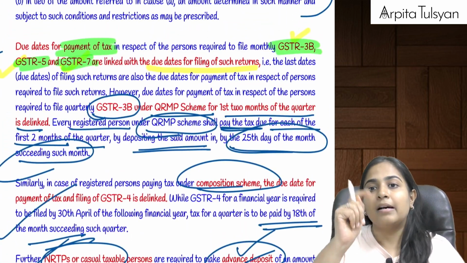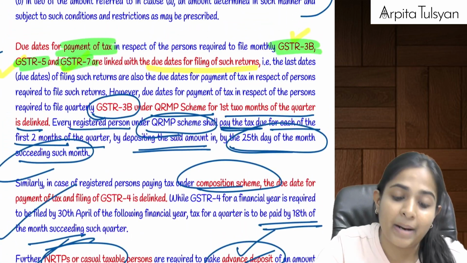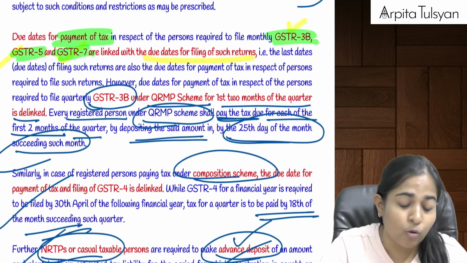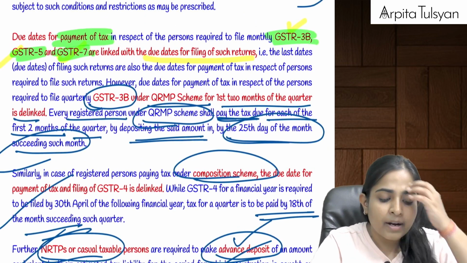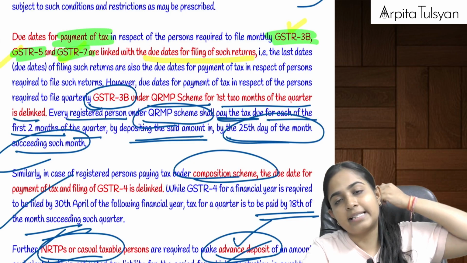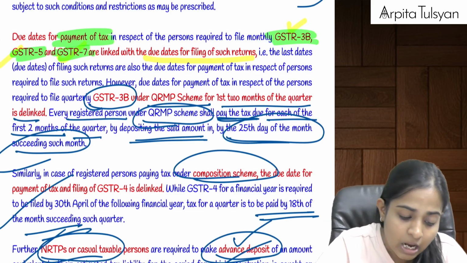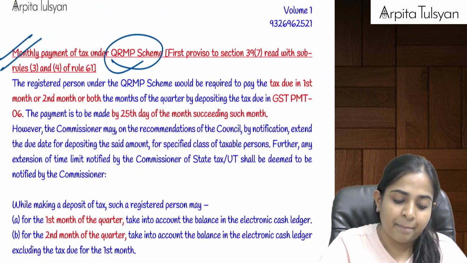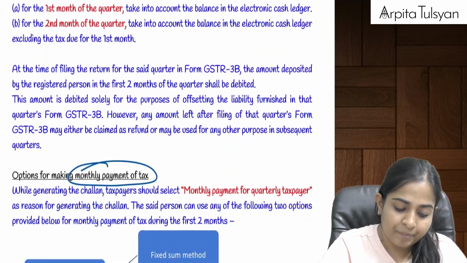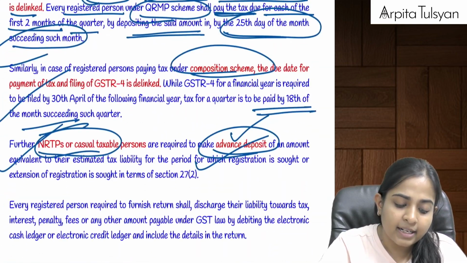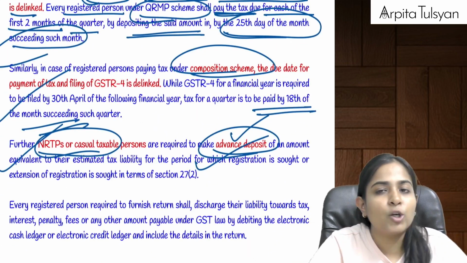Now listen, monthly payments. For the people who are filing GSTR 3B on a monthly basis, the due date is linked to the returns.